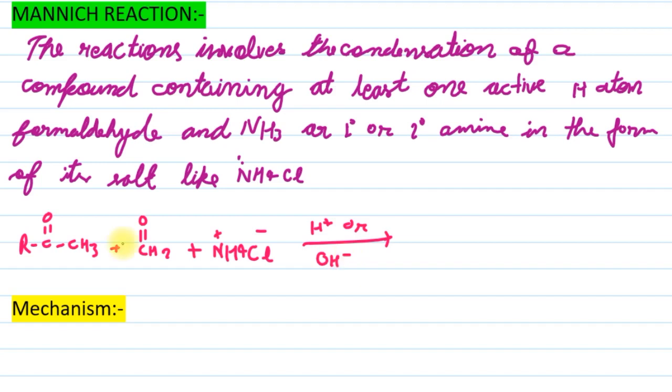After the reaction we get R C double bond O CH3 and CH2 NH2, and HCl also, and this product is known as the Mannich base.